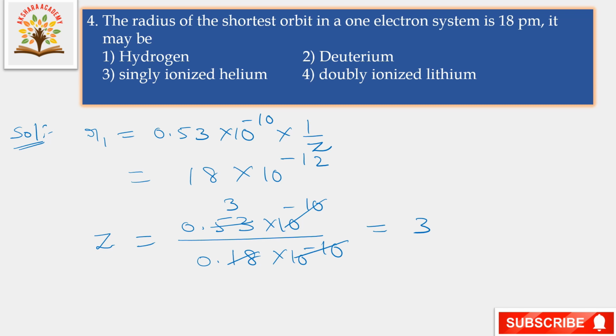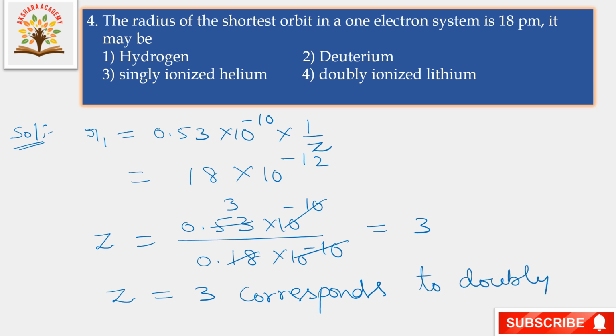So Z is equal to 3, approximately. Z is equal to 3 corresponds to doubly ionized lithium atom.